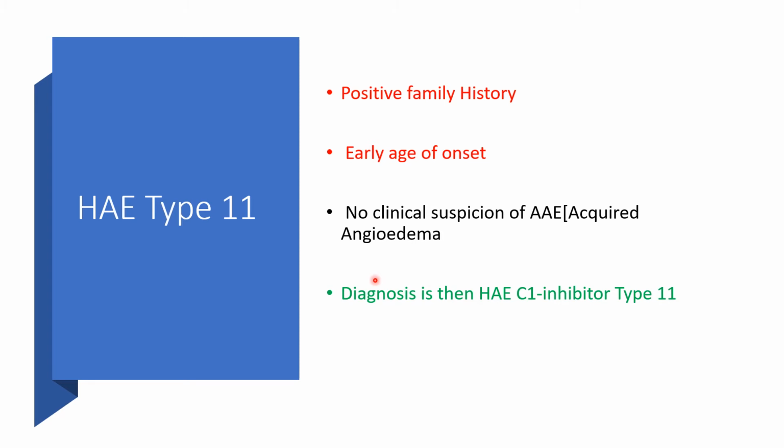Then, if you have all this, target: the diagnosis is hereditary angioedema with C1 esterase inhibitor dysfunction, and then you are dealing with type 2 hereditary angioedema.